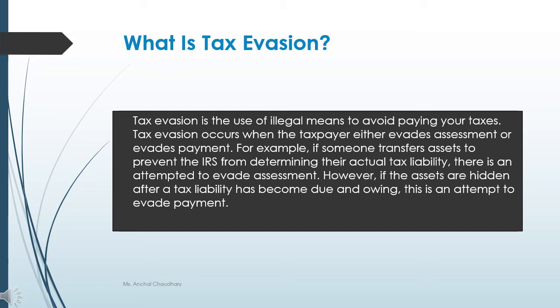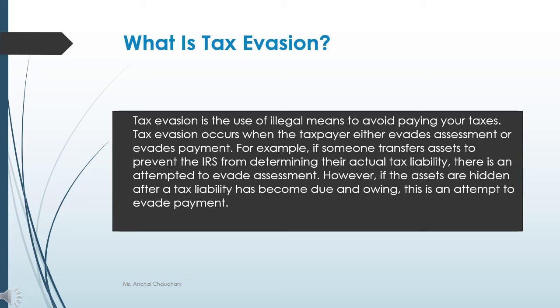However, if the assets are hidden after a tax liability has become due and owing, this is an attempt to evade payment. So basically students, just remember one thing, that tax evasion is a crime, and someone looking for tax evasion will be punishable with serious penalties and with fines also. So never ever focus on tax evasion, because it's an illegal thing.